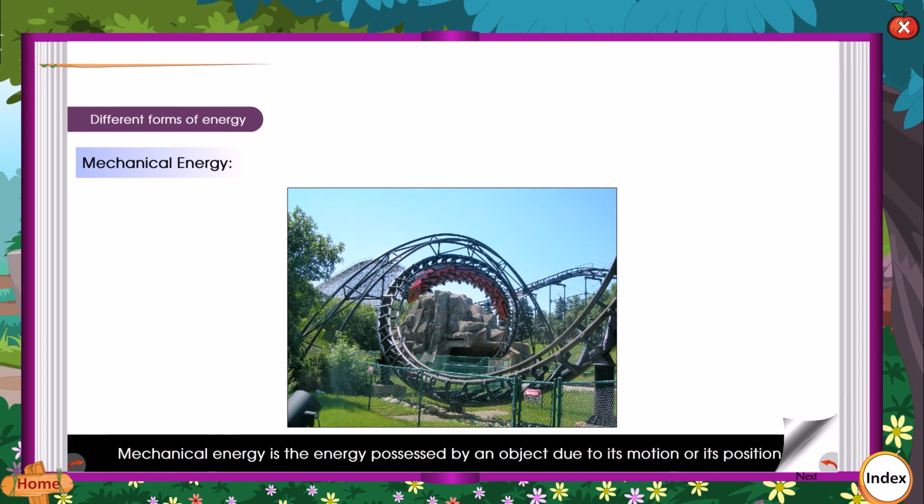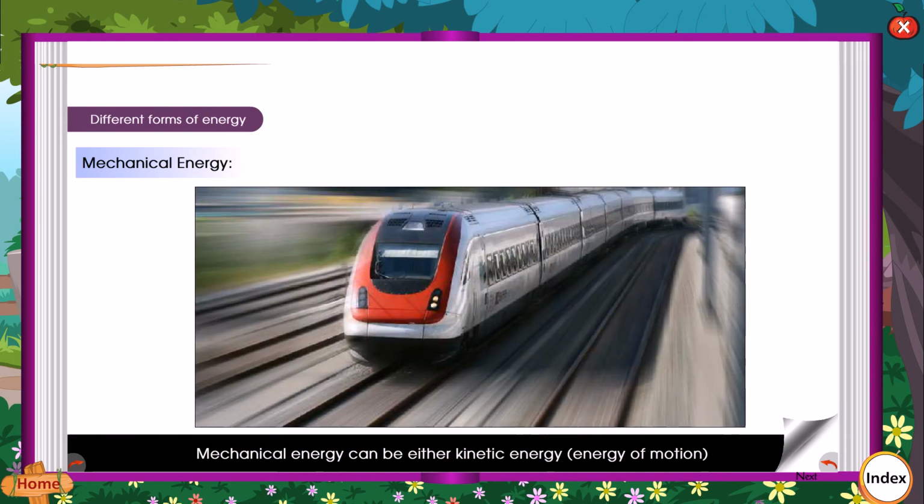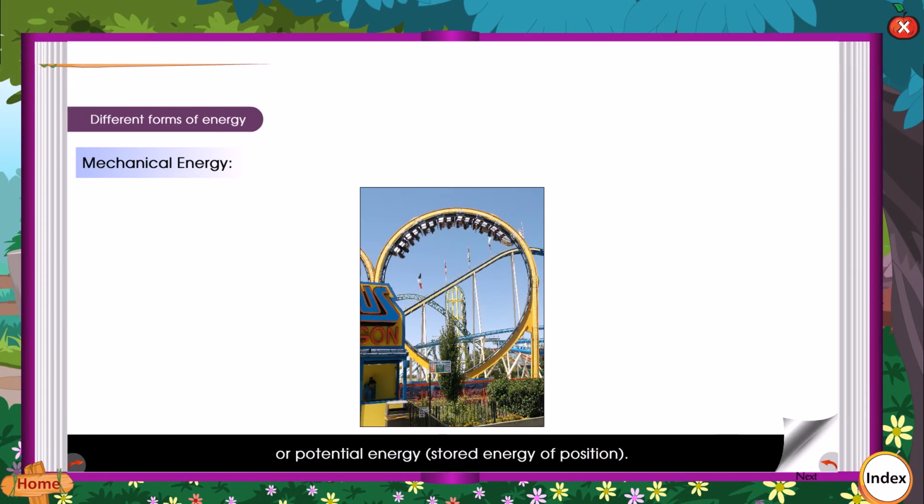Different forms of energy. Mechanical energy. Mechanical energy is the energy possessed by an object due to its motion or its position. Mechanical energy can be either kinetic energy, energy of motion, or potential energy, stored energy of position.